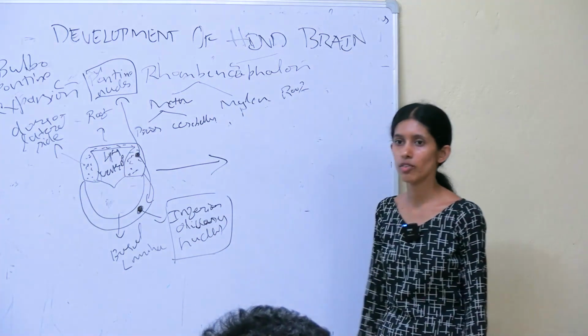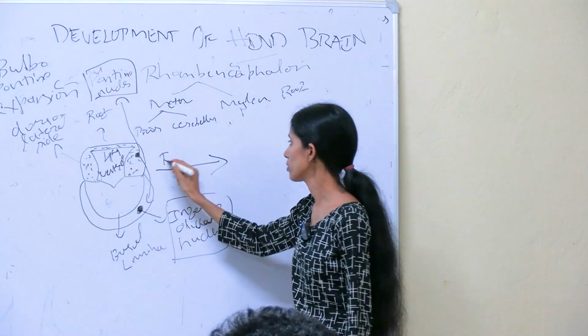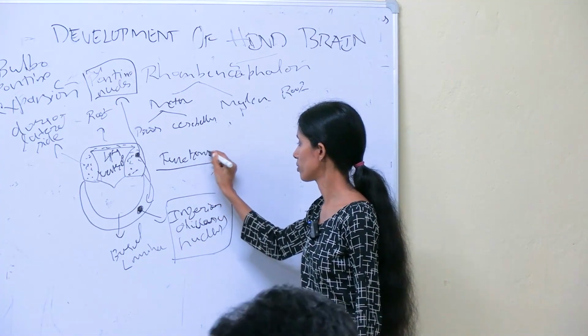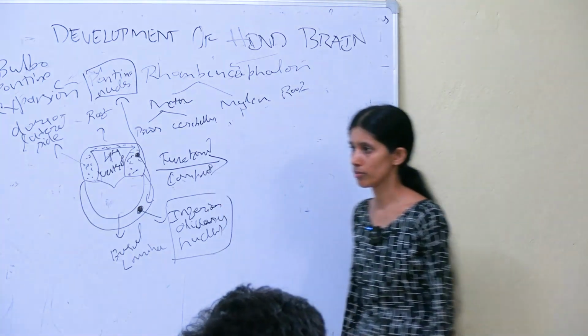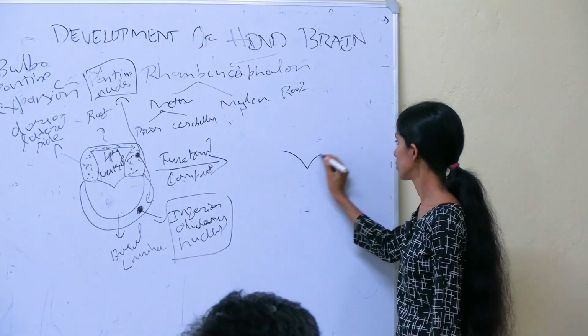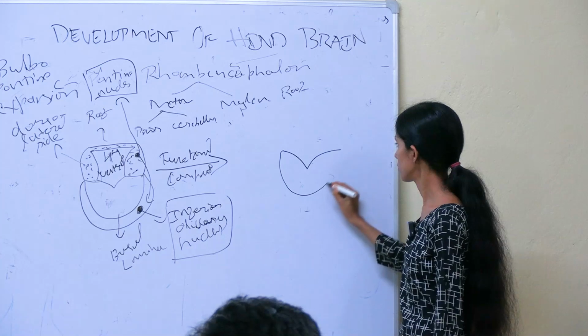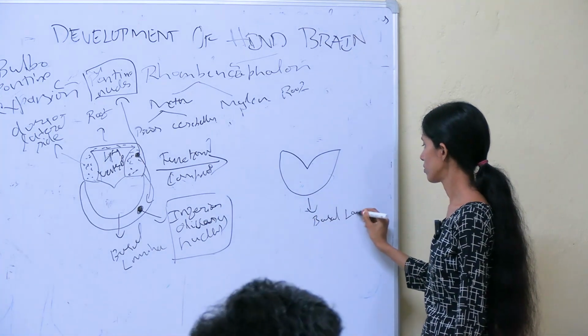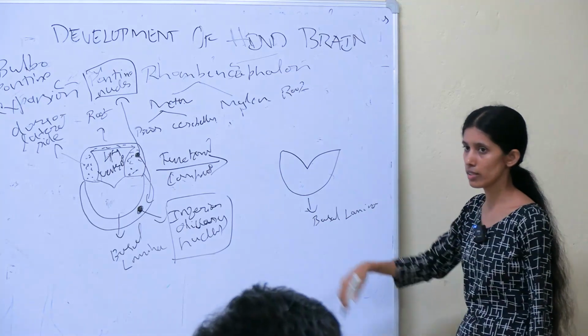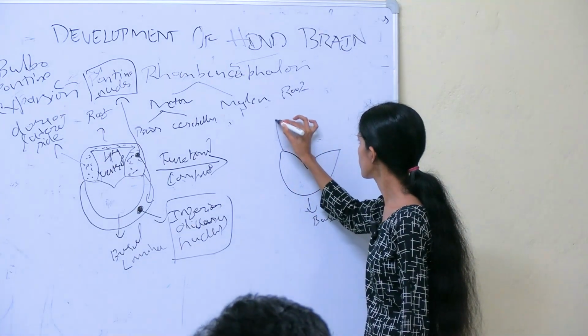So now we will see the functional components of the medulla oblongata. Can you name the functional components here? This is basal lamina.